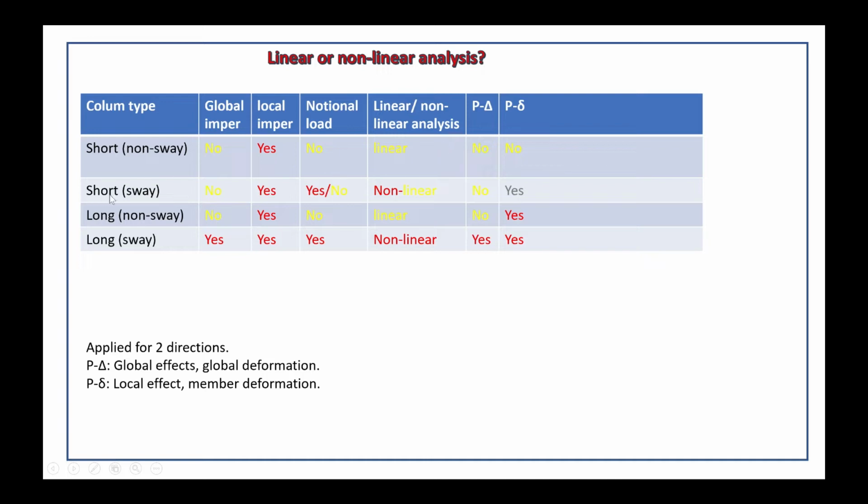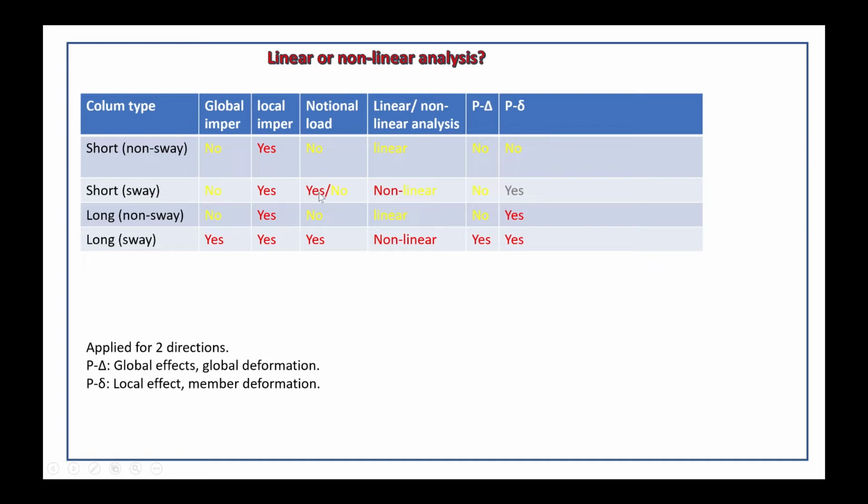For the short column and square, for the global imperfection, no need. For local imperfection, for the minimum eccentricity, you can include it. And for notional load, you can apply or not. If you want to apply it, you can apply it, or you can not apply it.